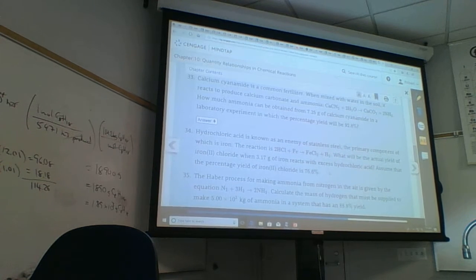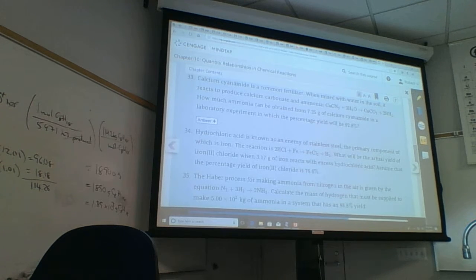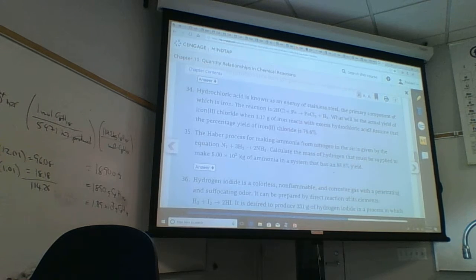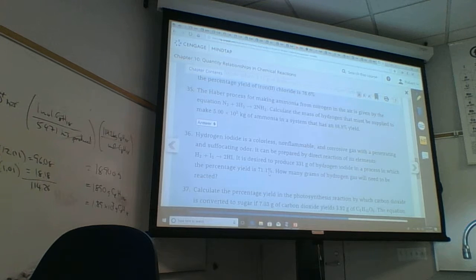This is the same exact problem. It's at 76.6%, so we lose a lot more in respect to the reaction here. This is an 88.8% yield. This is a 71.1% yield.